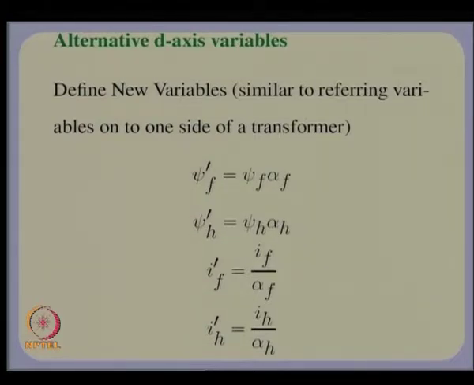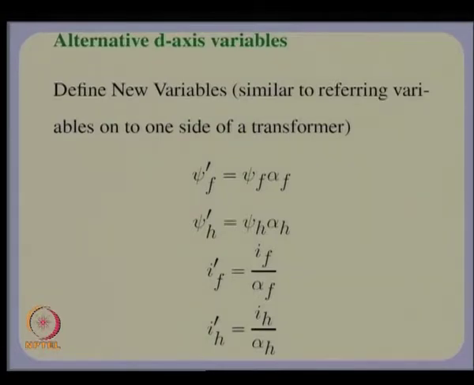And so you can look at this interrelationship as if it is like referring the variables of the flux to the stator side. You have got distinct windings here, F and H, and we are not bothered about what psi f and psi h are, but we are seeing what their effects are when they are referred to the stator winding, the stator side.